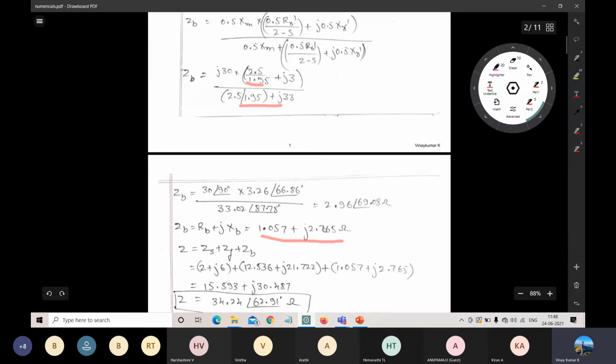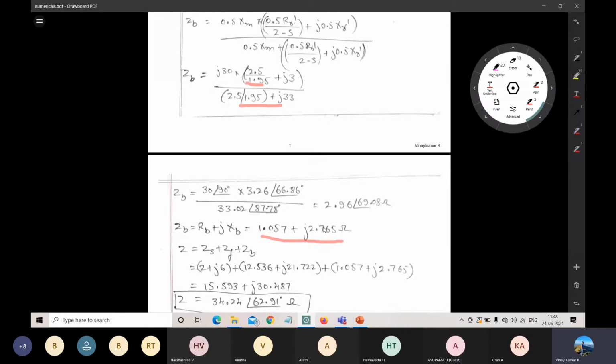And in the problem, we need to calculate the terminal voltage. In order to calculate the terminal voltage, we need the total impedance of the circuit. So total forward ZF, backward ZB, and the source impedance, that is ZS.